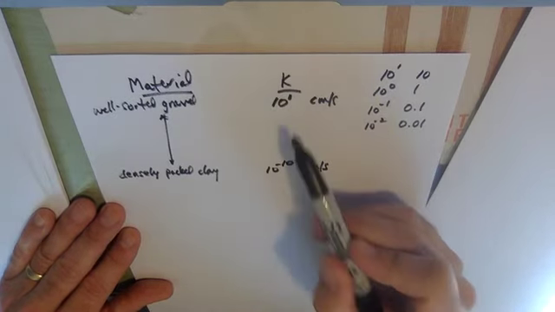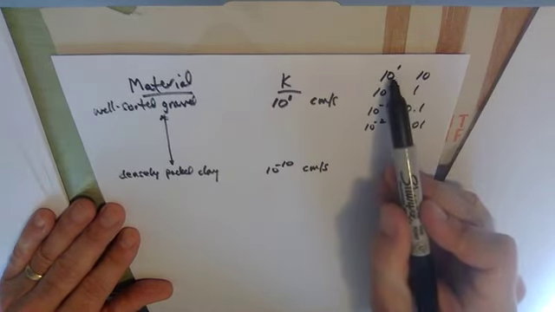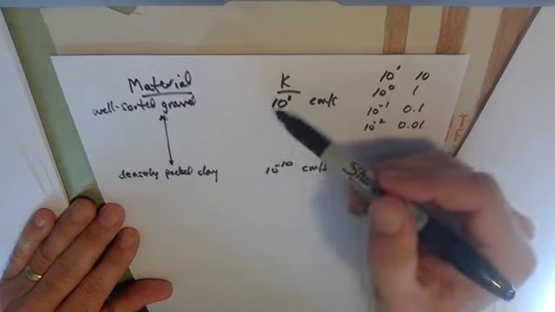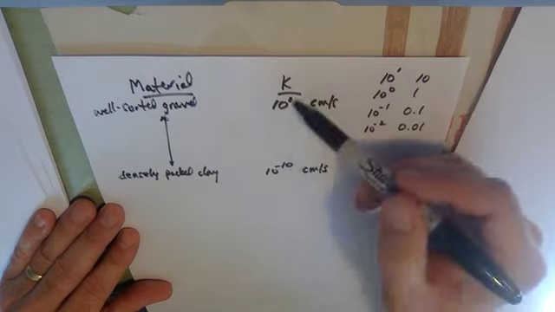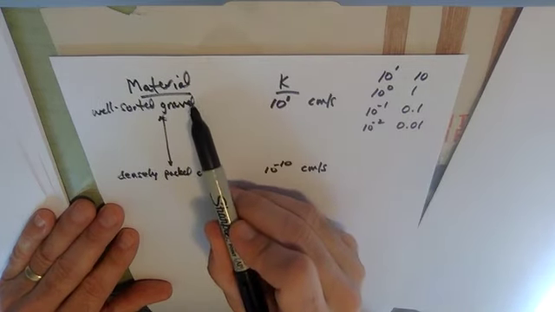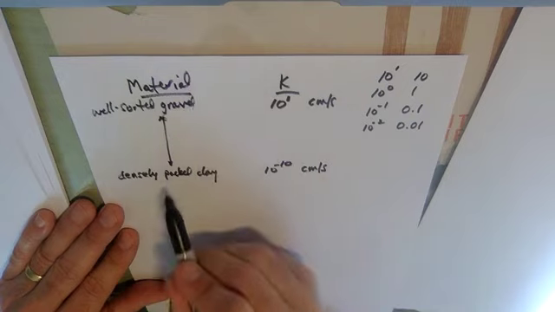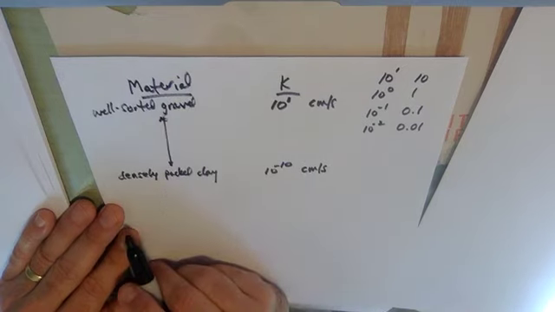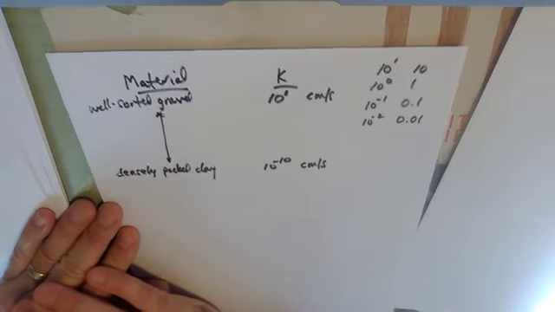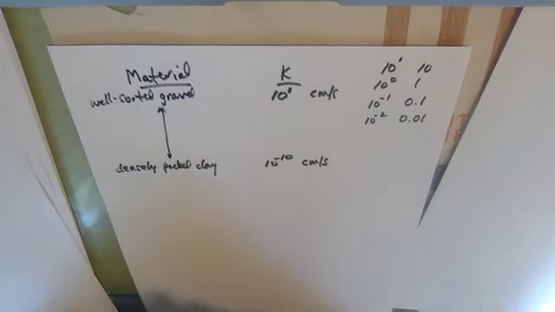So every one of these exponents is a factor of 10, and this is a difference of about 10 billion times. Water will flow through a well-sorted gravel about 10 billion times faster than it would flow through a densely packed clay. And obviously, therefore, hydraulic conductivity plays a really important role in determining how fast water can move through the ground.